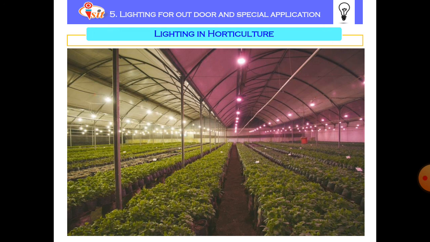Under the shade, a number of colored lamps are also used for the growing of plants. So along with the illumination purpose as well as the plant purpose, the lighting system is adopted in agriculture as well as in the horticulture field.